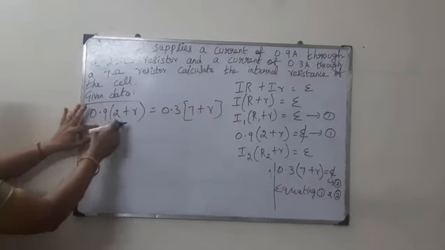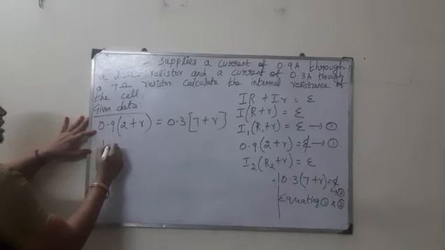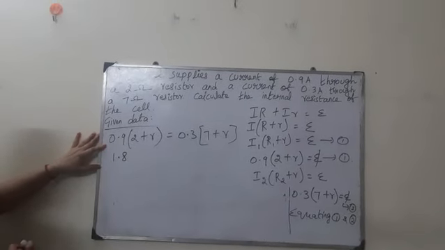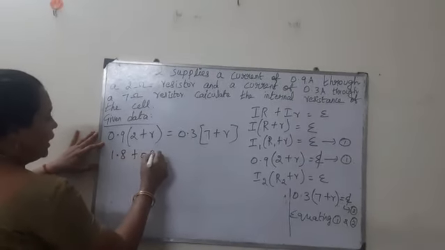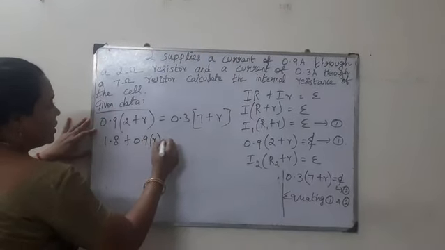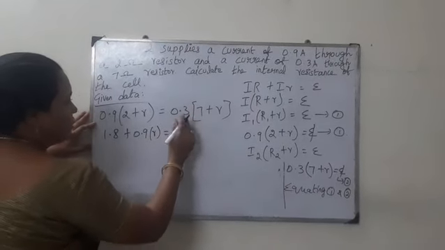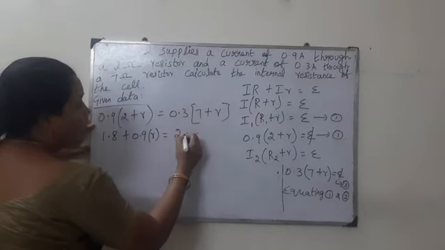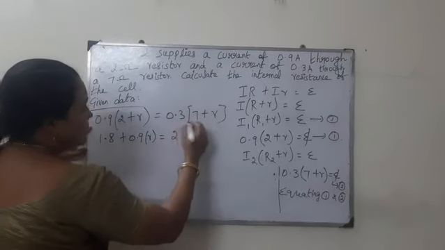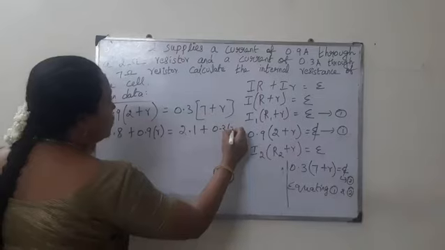So now you can multiply. 0.9 into 2 becomes 1.8. 9 2s are 18, isn't it? Plus 0.9 r is equal to again 0.3 into 7. 7 3s are 21. So 2.1 plus 0.3 into r.